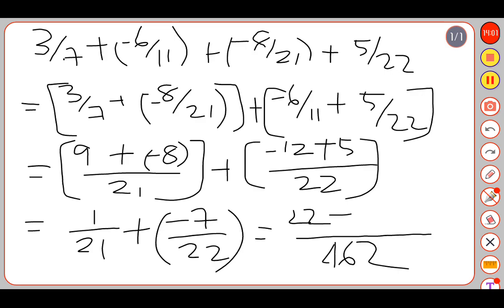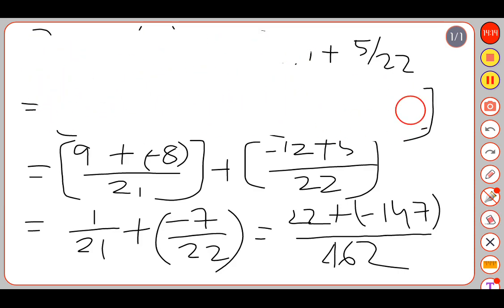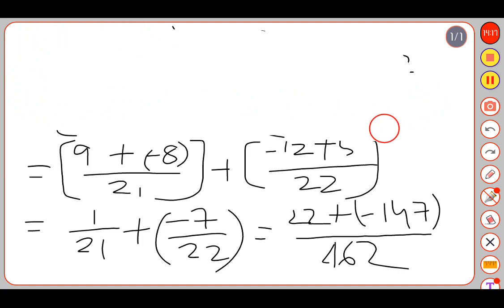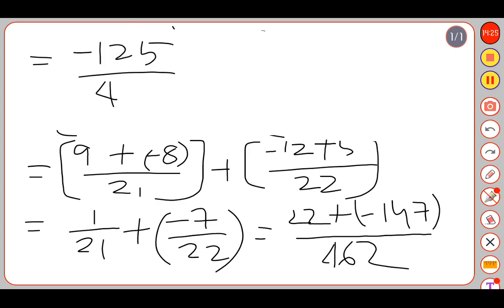And 462 divided by 22 we will get 21, 21 into 7 is 147. So we get here minus 125/462. The result will be similar as the normal process, and we can do it easily in this process. So for solving a problem, we can use the properties to find the answer easily.